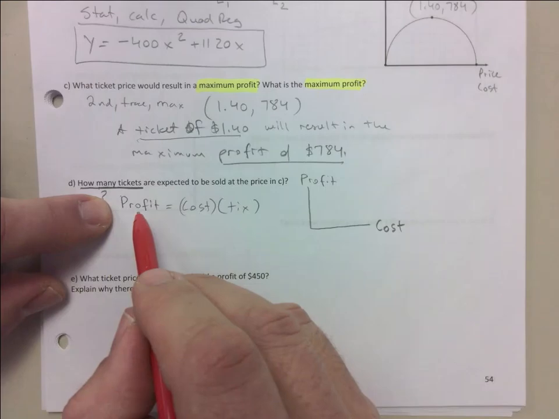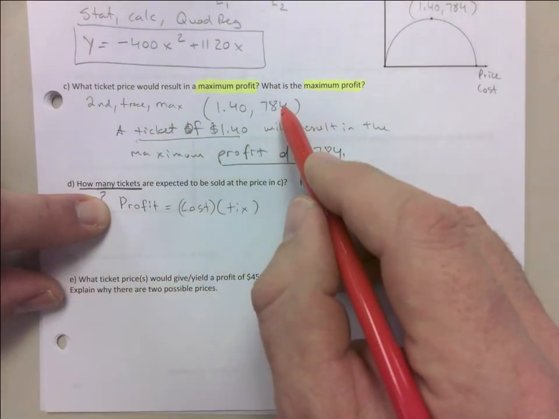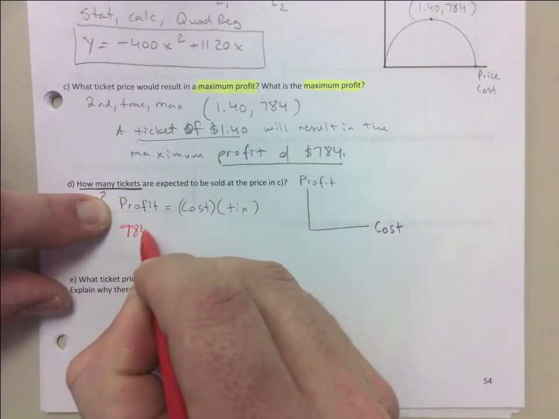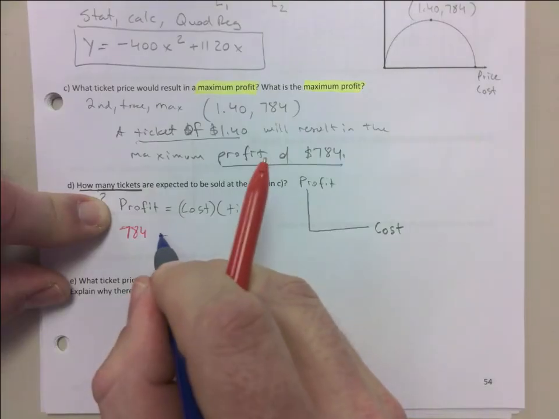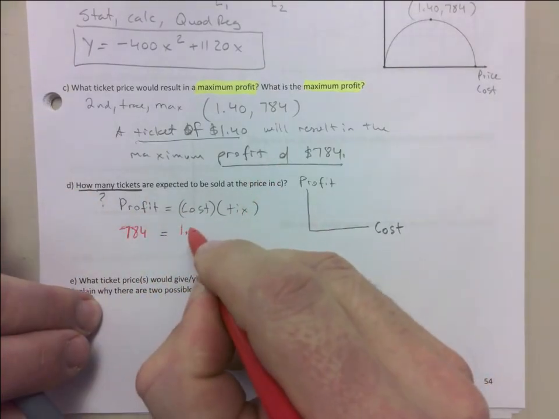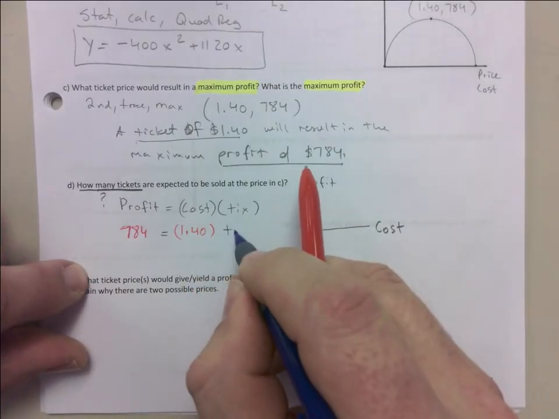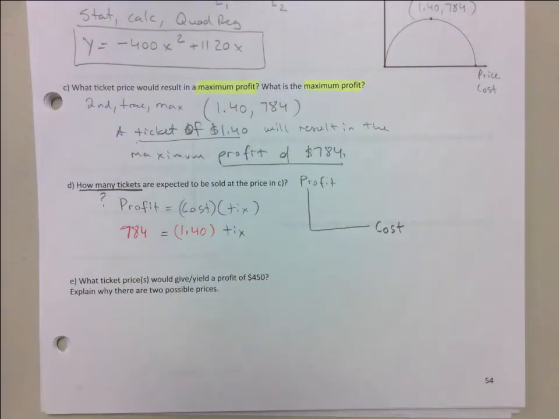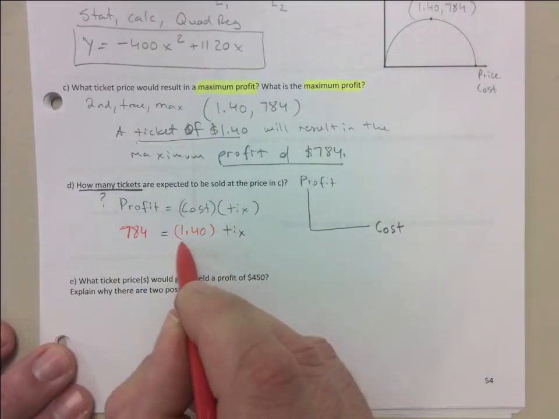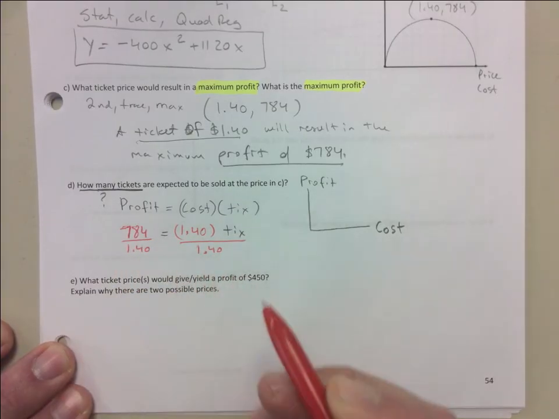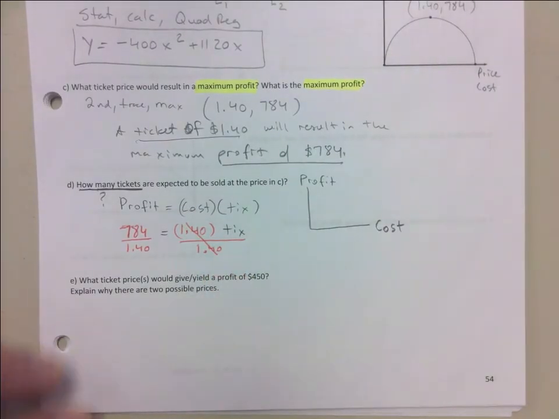What is the profit that we're talking about here? It is 784. So you substitute that in there. 784 is equal to $1.40. That's how much I'm charging times the number of tickets. So what will I do there? What kind of operation needs to happen there to figure out division? There we go. $1.40, $1.40. So you basically just divide both sides by $1.40.